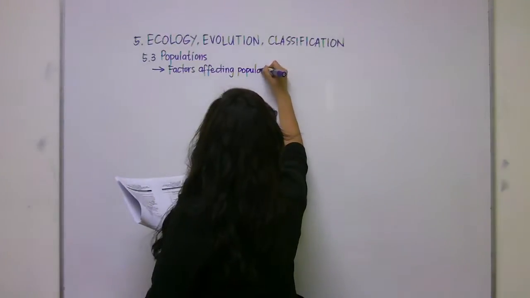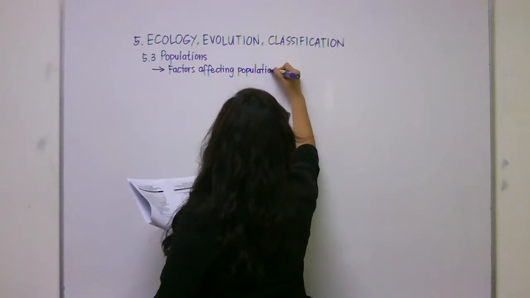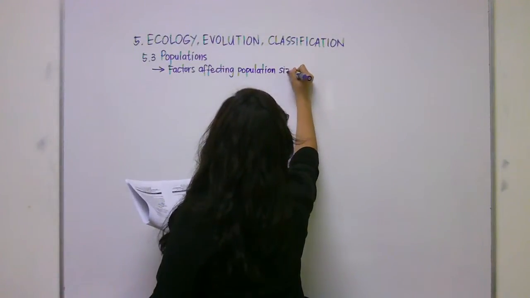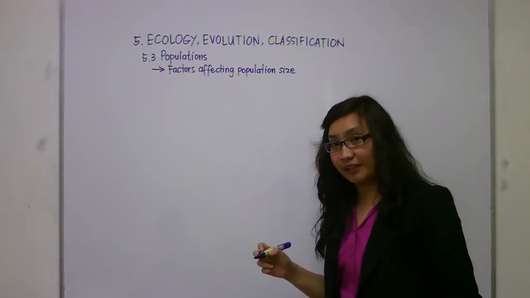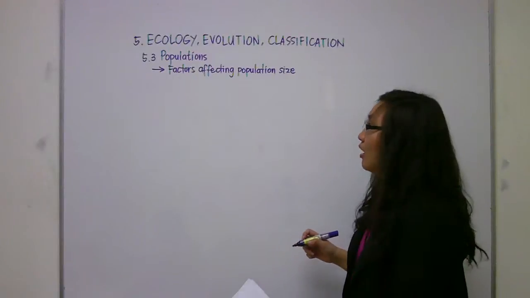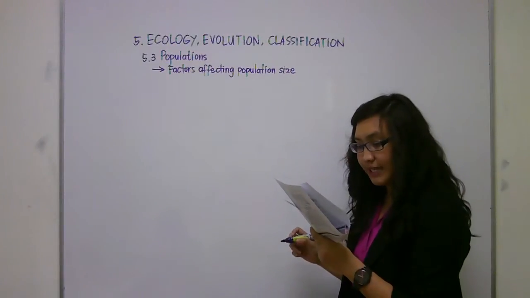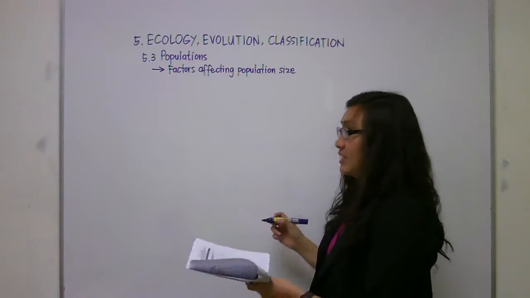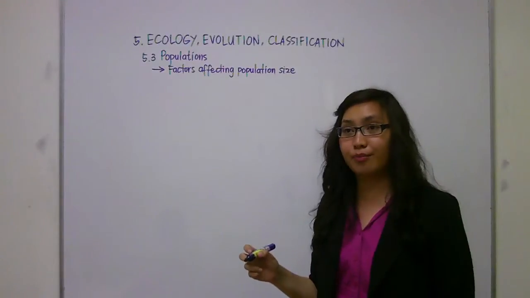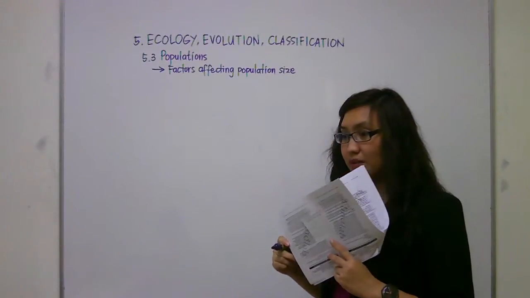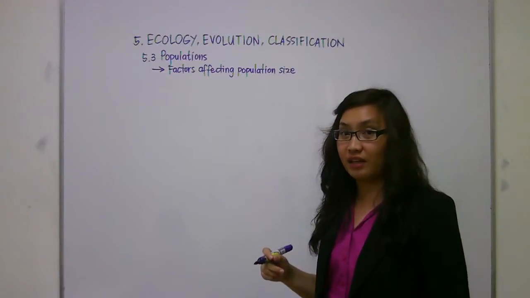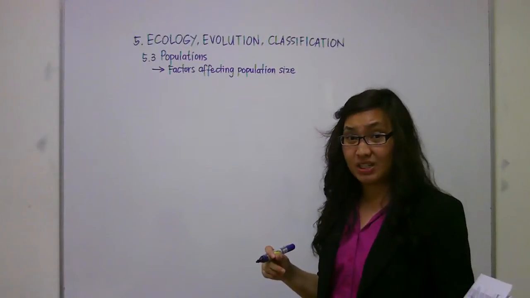Since there are different factors affecting population size, we have to take note of how they're affecting the population size. For example, natality. This is the number of births that is being produced in a specific population.